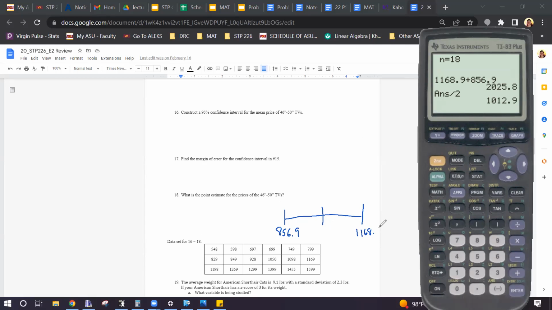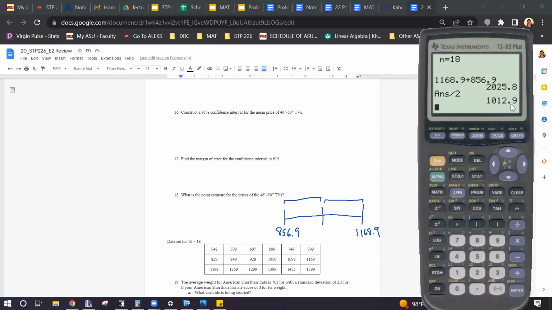So I can figure out the margin of error by finding the distance between the middle and the ends. There should be two of them there. If I subtract those numbers and divide by 2, that should tell me what half the distance is between them. I did that earlier.